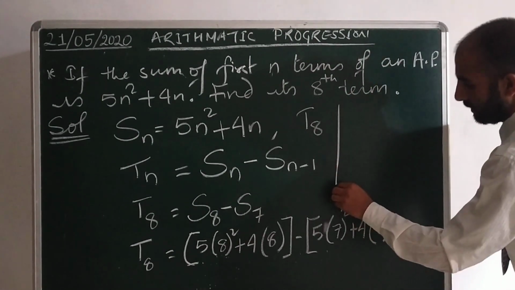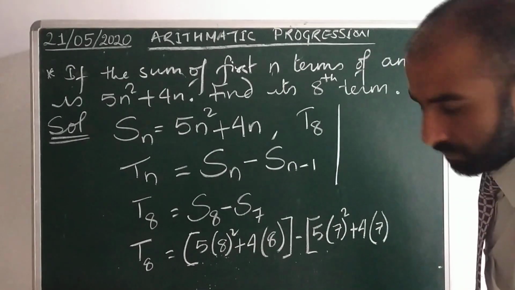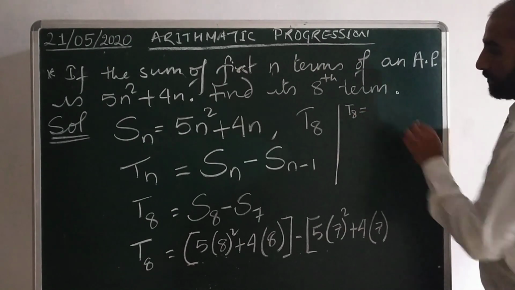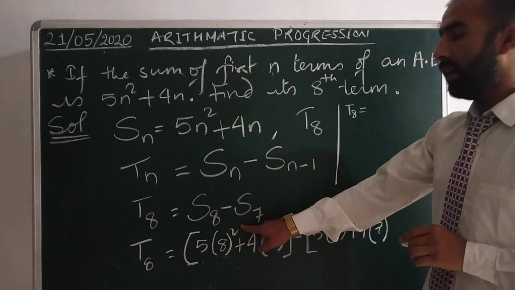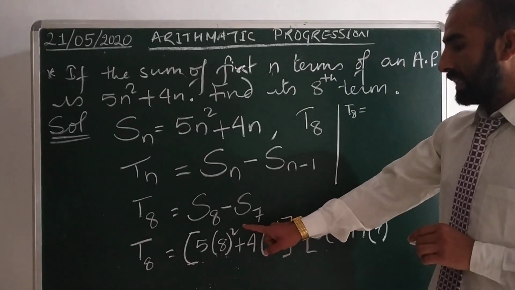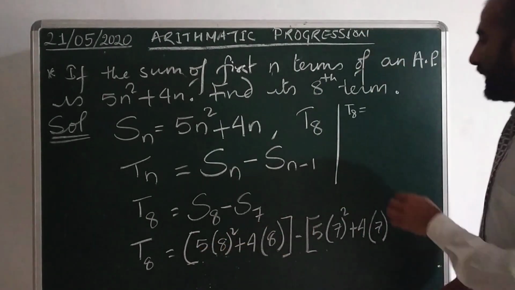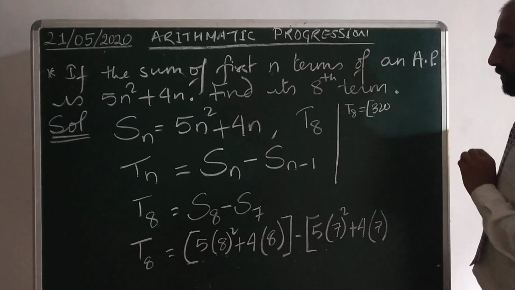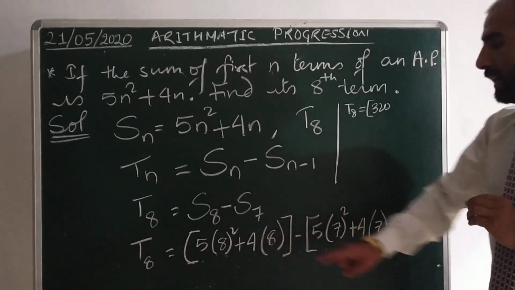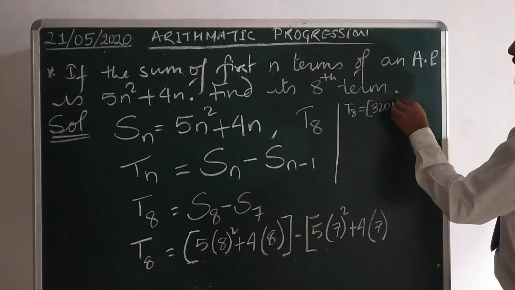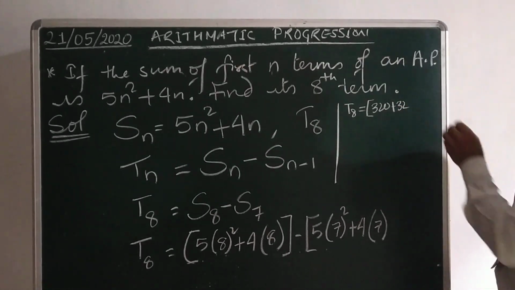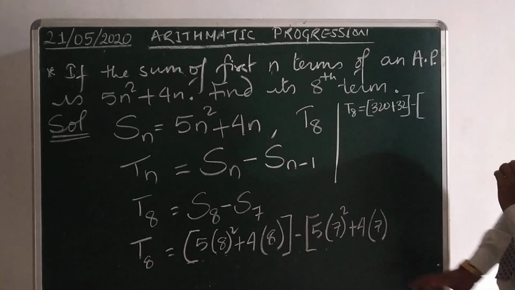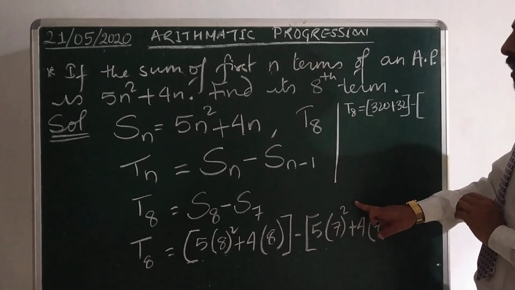Let's find out how much it will be. T8: 8 square is 64, 64 into 5 is 320, plus 4 8s are 32, minus 7 square, 49.